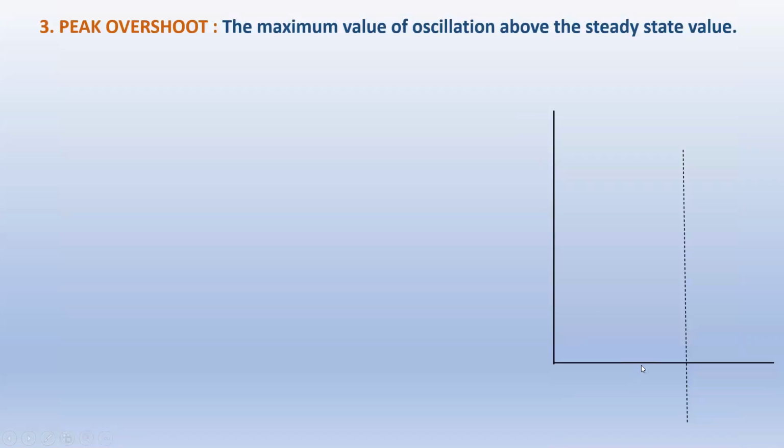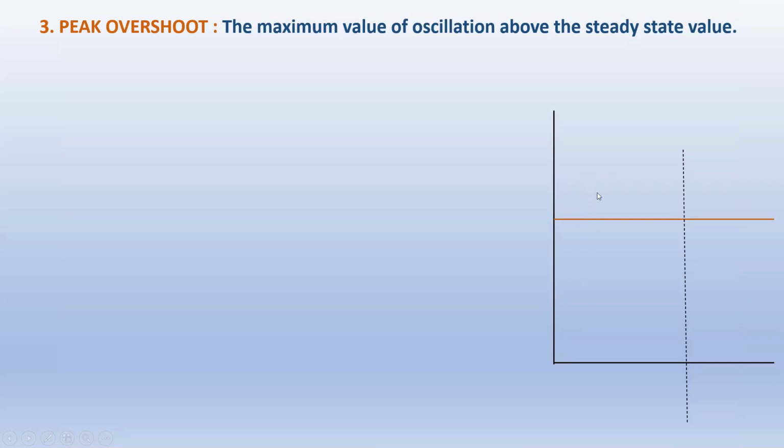So this is the time axis and this is the amplitude axis. Here we have time and here we have c of t, the amplitude. The input which is given to this second order system is the unit step input. This value is equal to 1. So it should reach this value. Ideally, it should be like this, but it is not reaching like that.